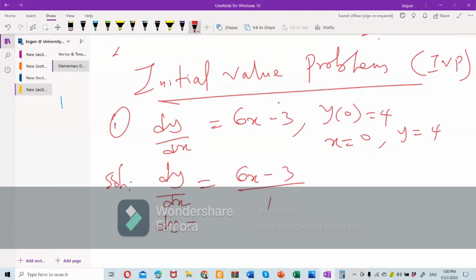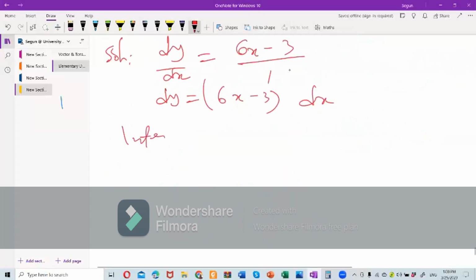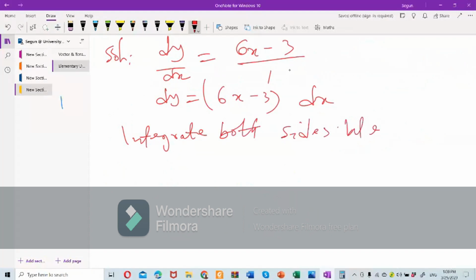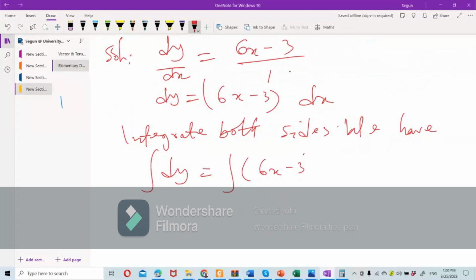You have dy equals 6x minus 3 dx. Integrate both sides. We have integral of dy equals integral of 6x minus 3 dx.